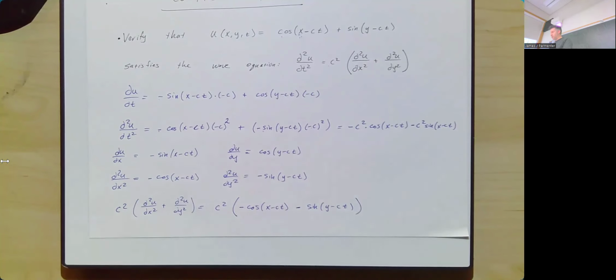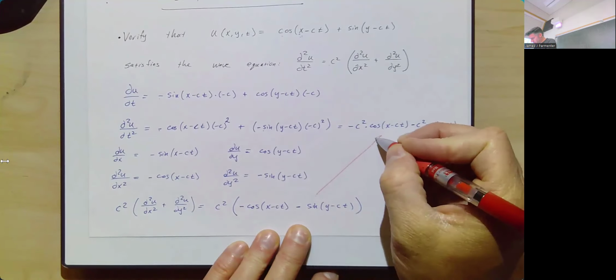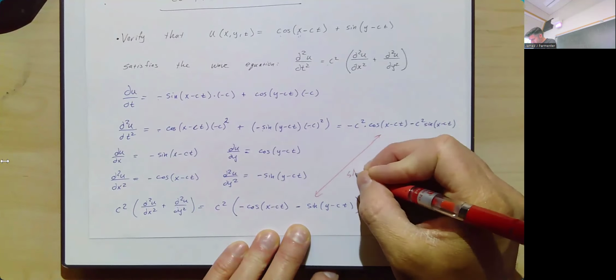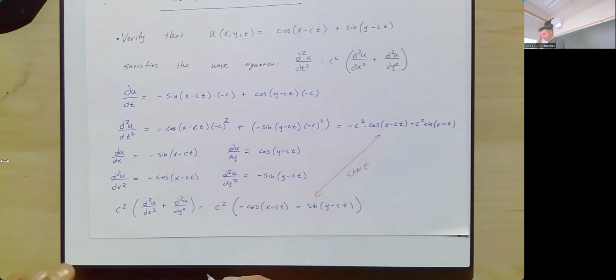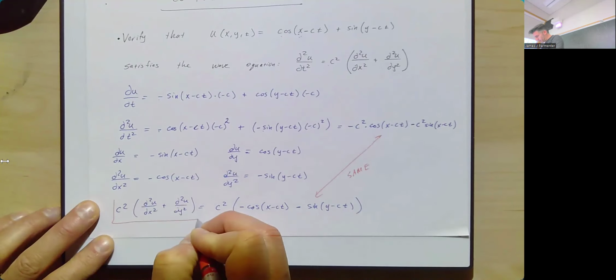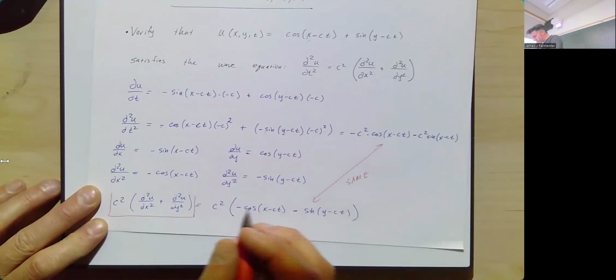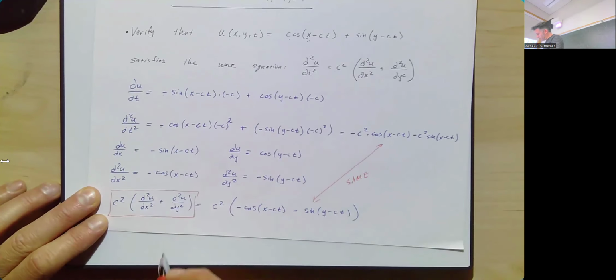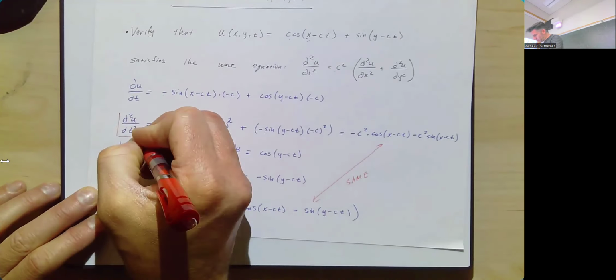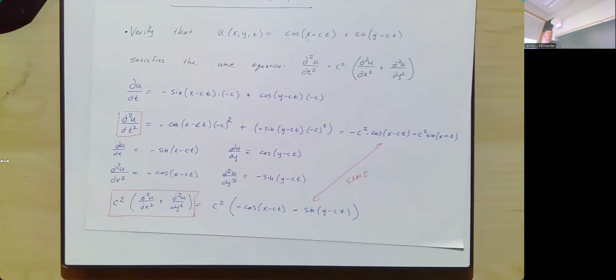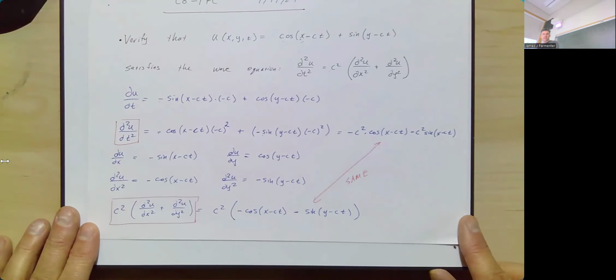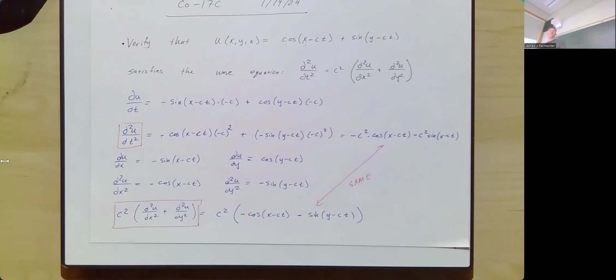And I think at this point, I don't need to distribute the c squared here or factor out the c squared there to see that, oh yeah, those are the same. Which shows that c squared times del squared u del x squared plus del squared u del y squared is equal to del squared u del t squared. Kind of a little bit tedious, but that's probably the fastest way to do it.